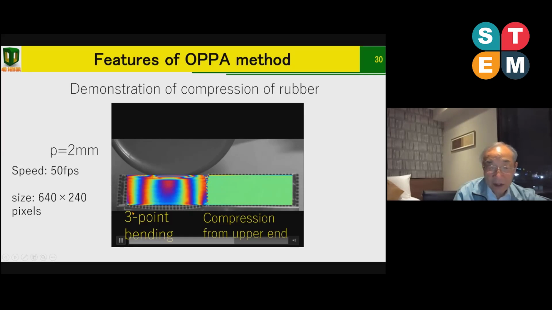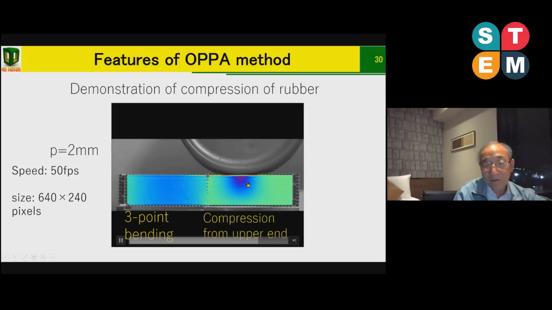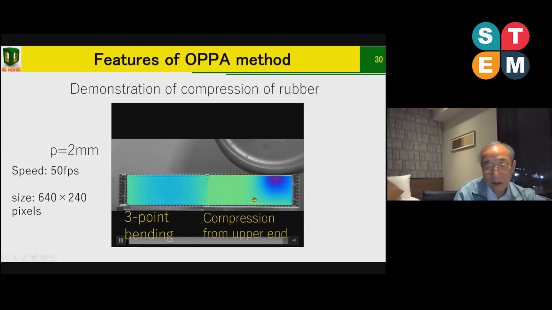Here is free. Here is a space. Then the fringe pattern is different. In this case, only the upper edge is deformed. So we can easily obtain the displacement distribution by using this OPPA method or sampling moiré method.